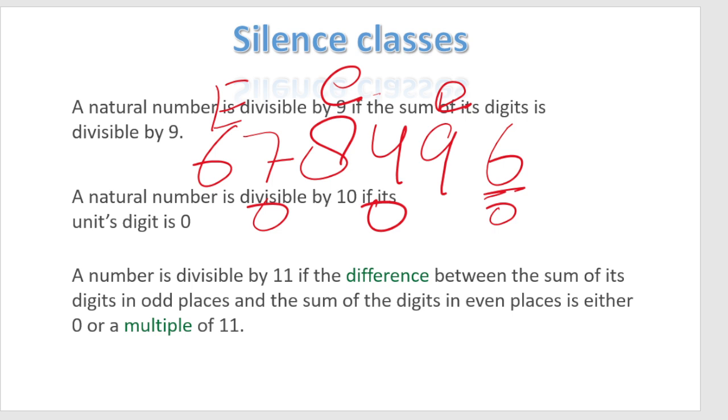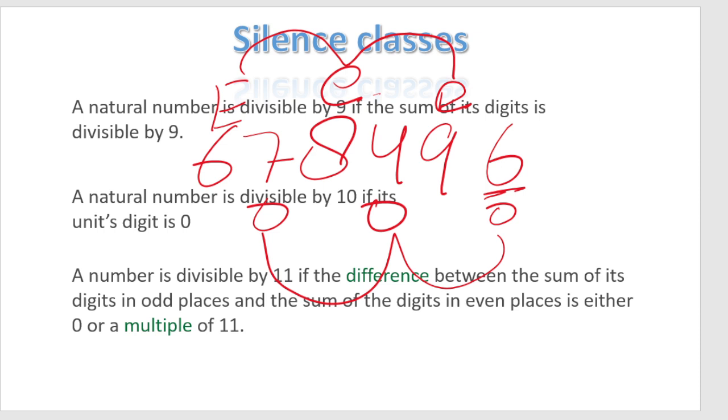We have to add all the odd-place digits and all the even-place digits present in this number. Even numbers, you know, are 2, 4, 6, 8, 10, 12, and you guys know the odd numbers like 1, 3, 5, 7.